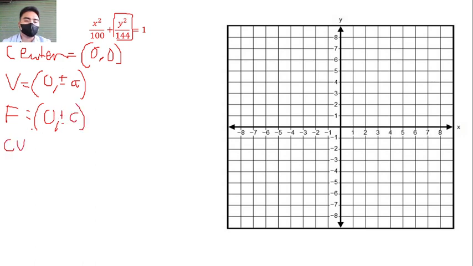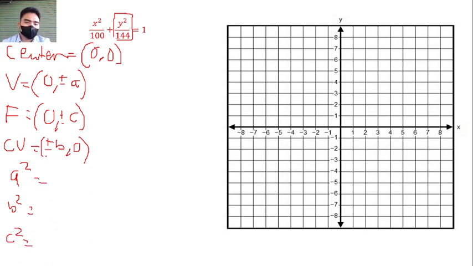Our co-vertices lie on the x-axis or x-intercept, so we're going to add and subtract B. So, what are our A value, B value, and C value?